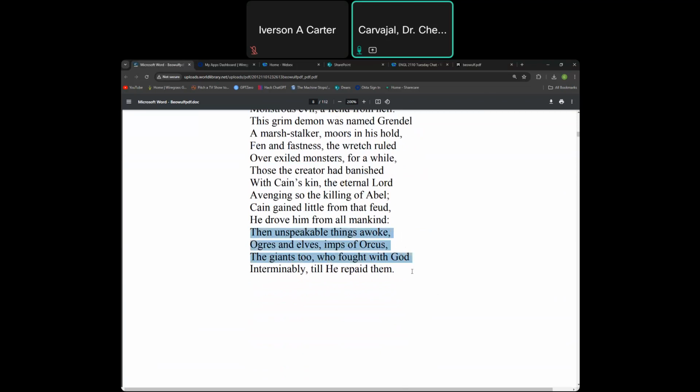These are all related to Grendel. Yeah, you might have read some of this in high school. It's highly possible. Usually when they do it in high school though, you only read the part with Grendel.